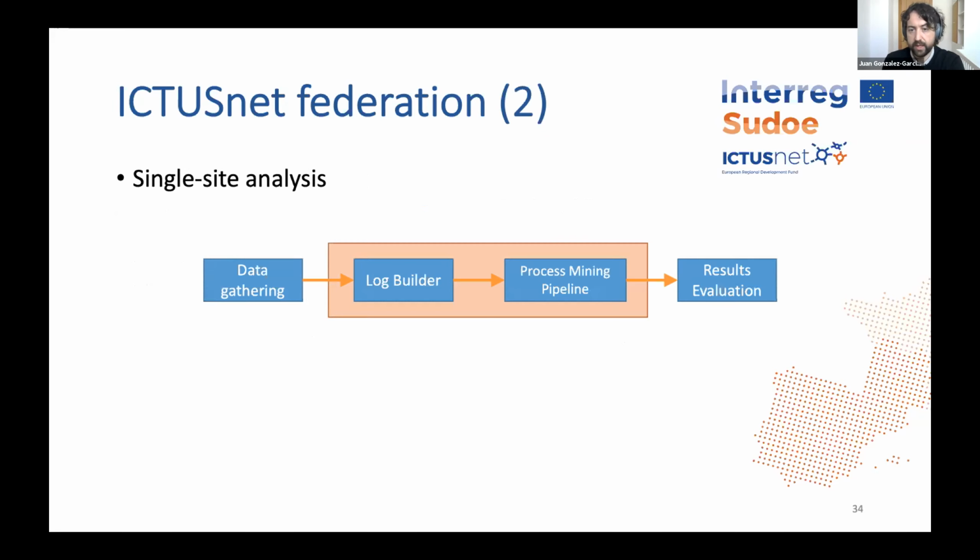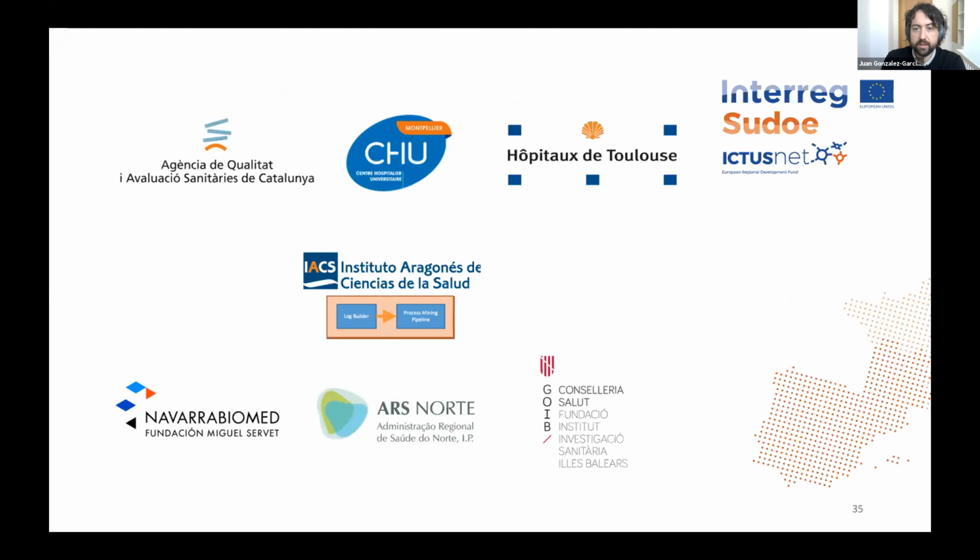So in a single site analysis, you do all these steps with your data. But what we do in this federation is distribute the log builder and the process mining pipeline, the parts that are purely analytical.